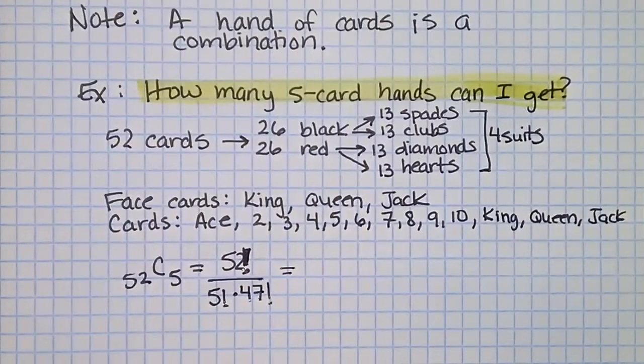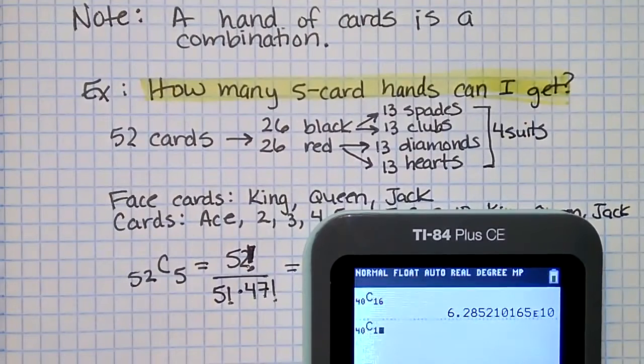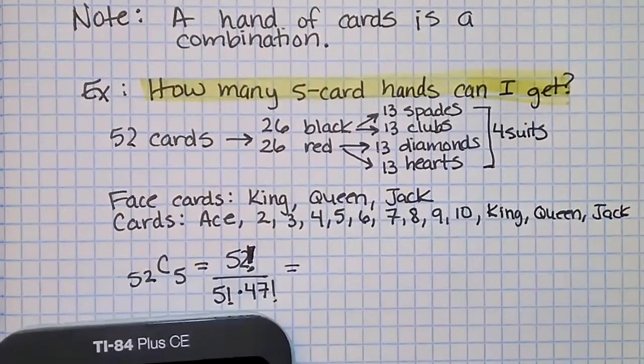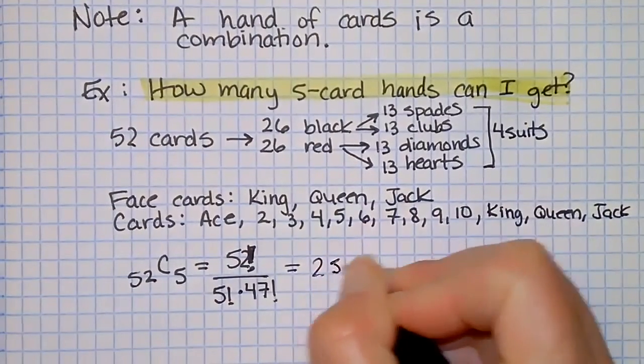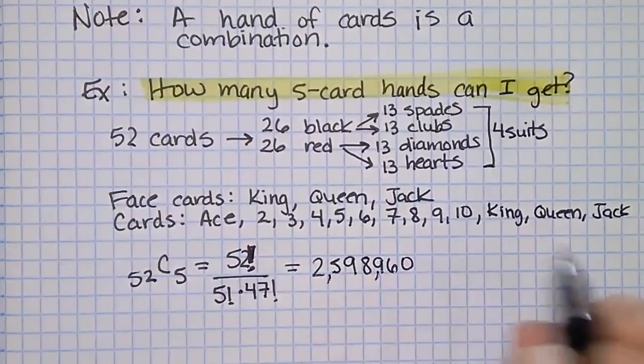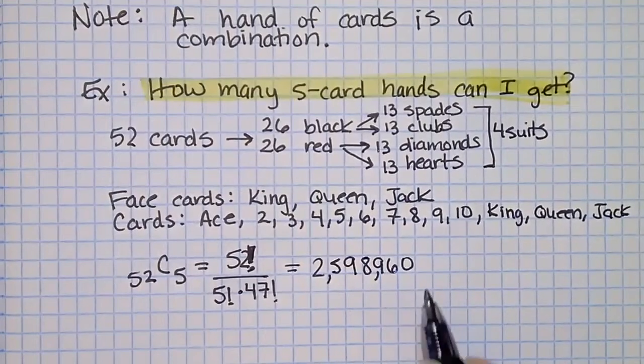And if I put this in my calculator, 52 choose 5, I end up with 2,598,960 different ways to get 5 cards in your hand.